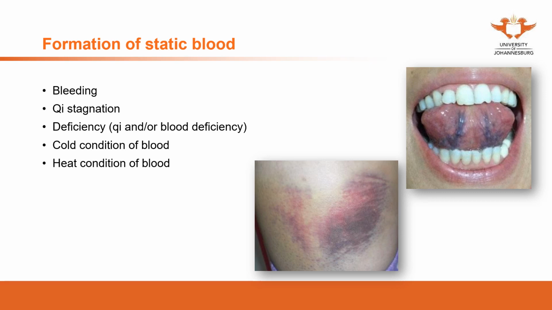The other possible causes might be deficiency of body fluid, because in that condition the body doesn't have enough water, or injury, which is also related to bleeding, phlegm, or improper treatment. So these are all the possible causes of static blood.